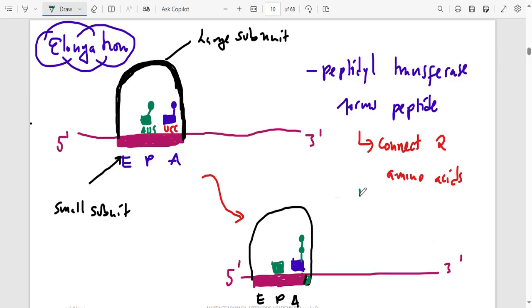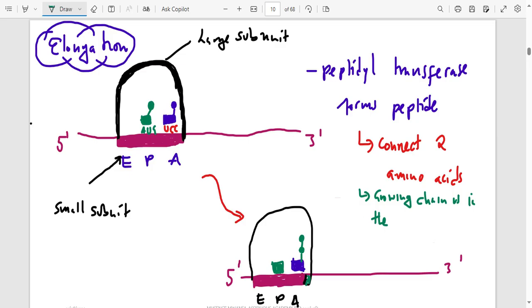A site. Growing chain. So the first connection is going to be made in the A site.